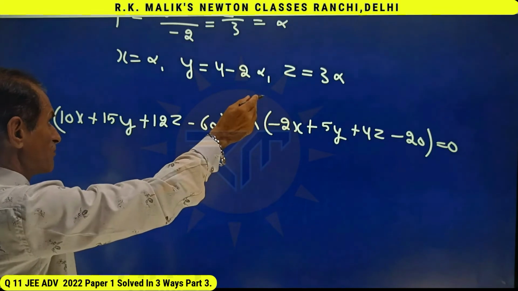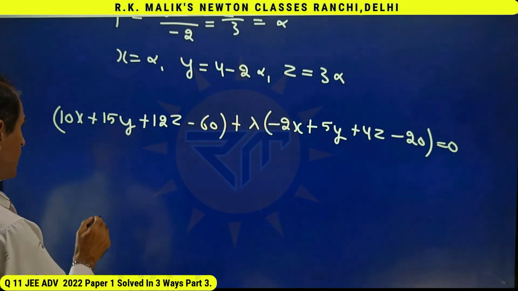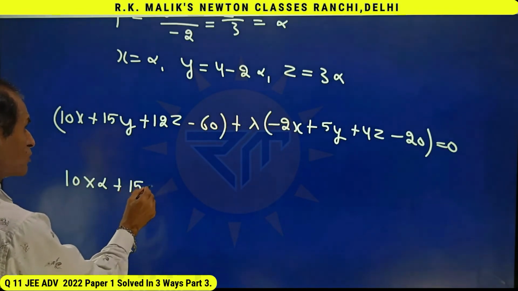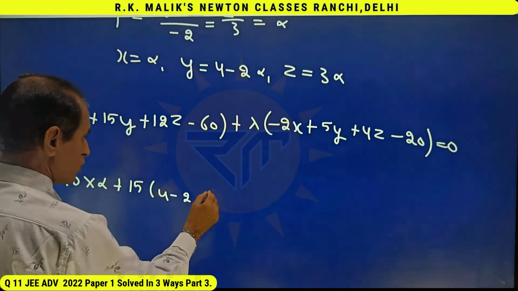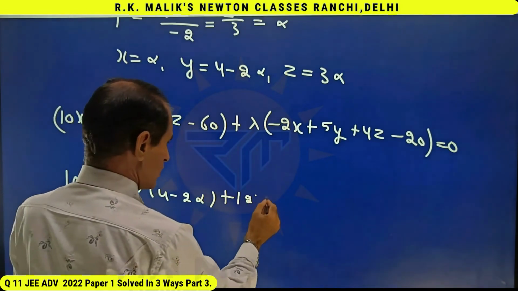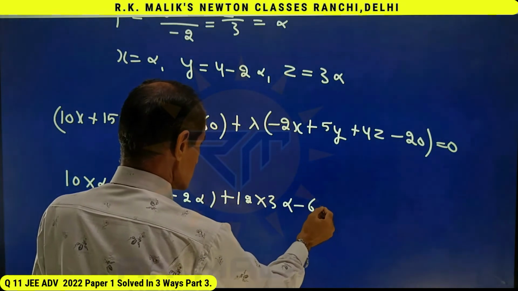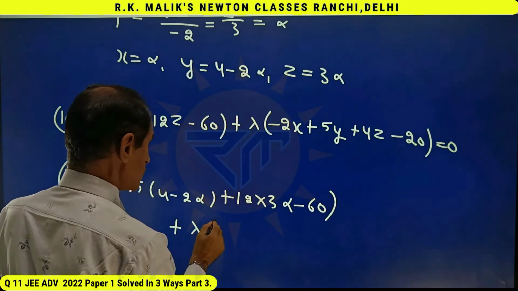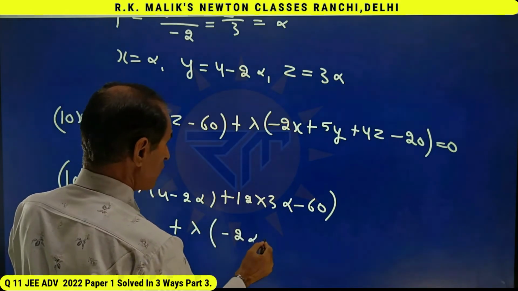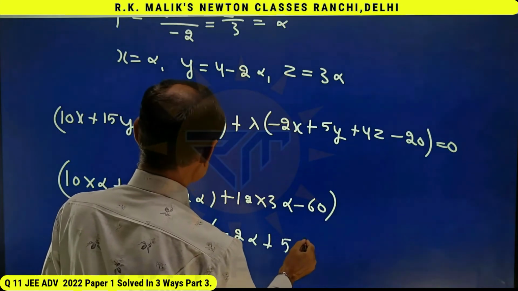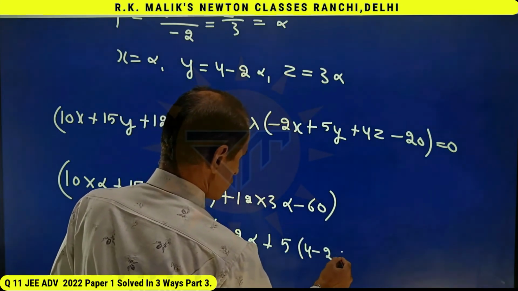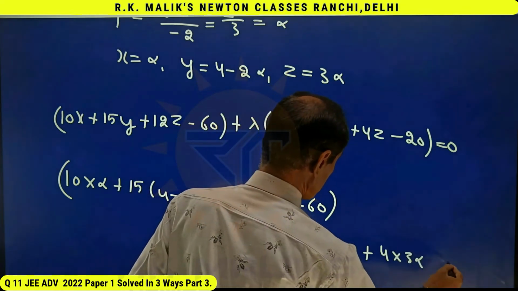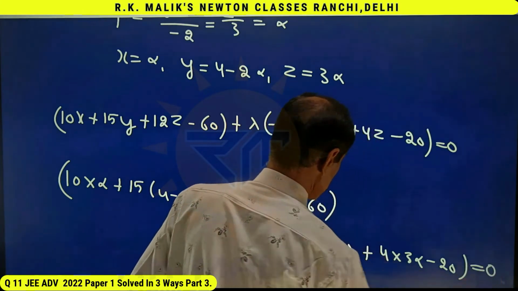And now putting this point in this plane, I get 10 into alpha plus 15 into 4 minus 2 alpha plus 12 into 3 alpha minus 60 plus lambda into minus 2 alpha plus 5 into 4 minus 2 alpha plus 4 into 3 alpha minus 20 equal 0.